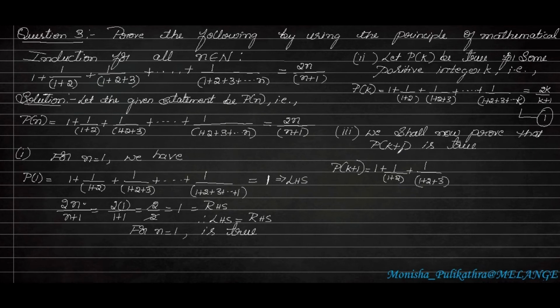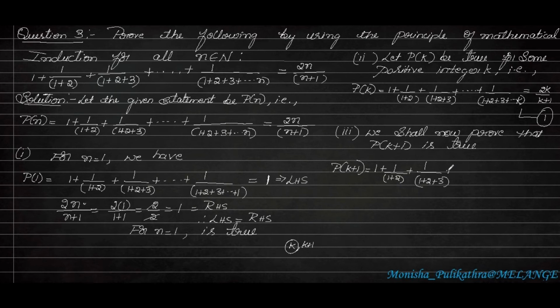So here when we do P of k plus 1, already in the previous section I have told you k plus 1 will be the consecutive number of a certain number. If k is the first number, then the consecutive number will be k plus 1. Since k plus 1 comes after that, we have to include k there, right?